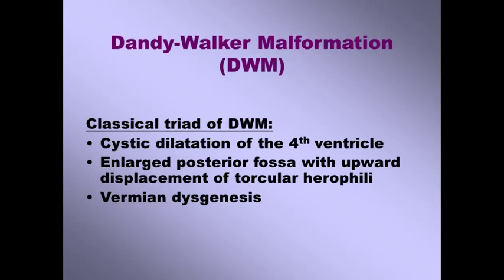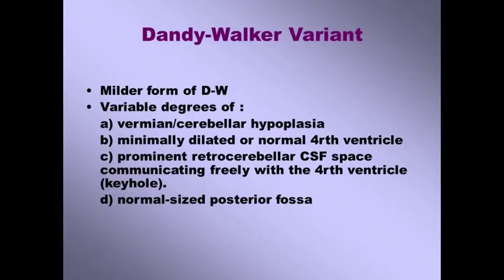The classic triad of Dandy-Walker malformation: cystic dilatation of the fourth ventricle, enlarged posterior fossa with upward displacement of the torcular, and vermian dysgenesis. Mild forms of Dandy-Walker vary in degree: vermian and cerebellar hypoplasia, minimally dilated or normal fourth ventricle, prominent retrocerebellar CSF space communicating freely with the fourth ventricle, keyhole appearance, normal size posterior fossa.